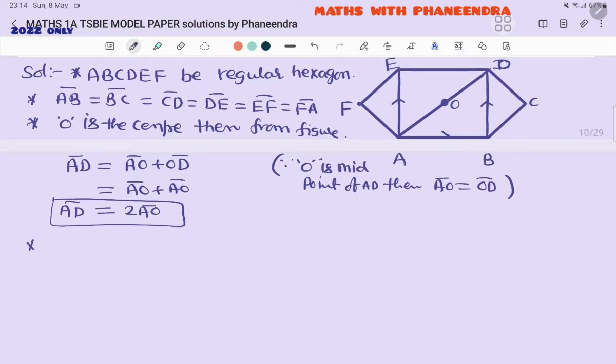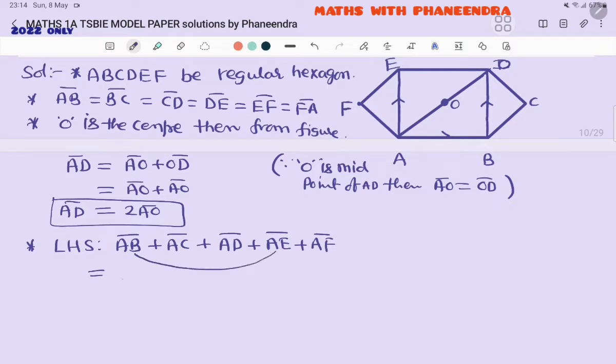Now consider LHS. In LHS, AB bar plus AC bar plus AD bar plus AE plus AF. Here only a twist is there, dear students. AB plus AE. Why we are taking these two only, I will explain here.